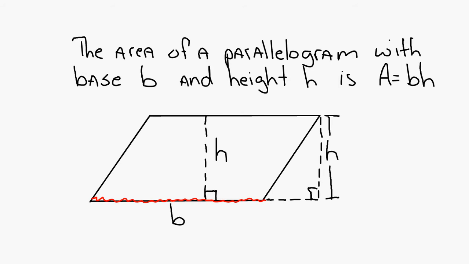It's just showing you that the base extended intersects with the height at a 90-degree angle. When we get into trapezoids, you'll need this dimension right here and the height to find one of the sides, but not right now. All right, so look at example 1.